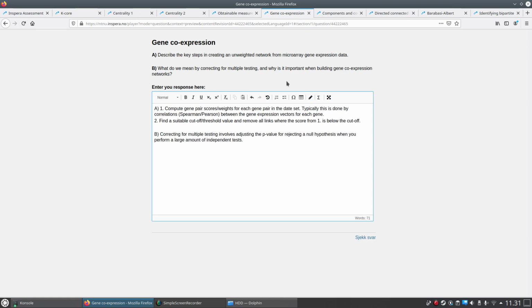And so why is this important when we're building a gene co-expression network? Well, in any typical gene correlation set, you're going to have at least a few hundred, typically thousands of nodes corresponding to the different genes in your genome. And you're going to be computing correlation scores between all combinations of these.